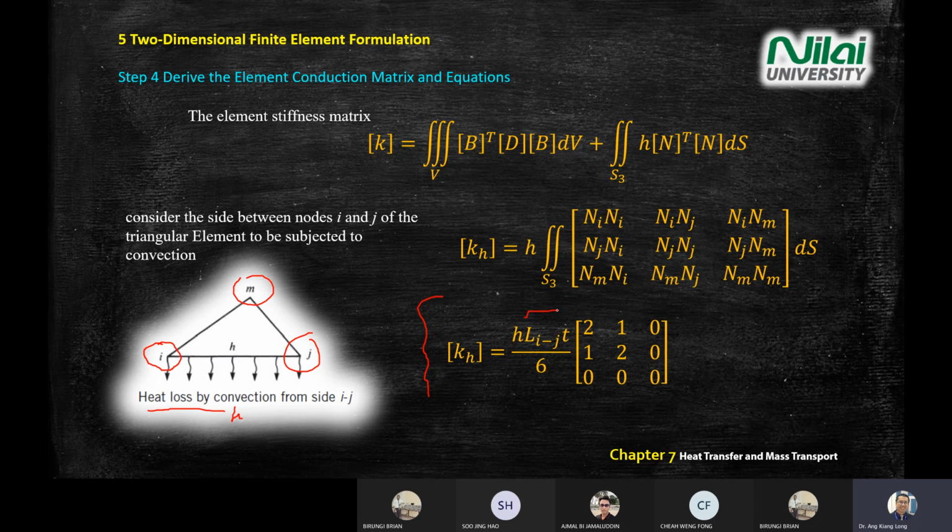That's why the length that you use in this equation is I minus J, this length. This is the L that you use. So if the convection happens here, then you use the length from here to here. And if the convection happens here, then you use the length of this side.